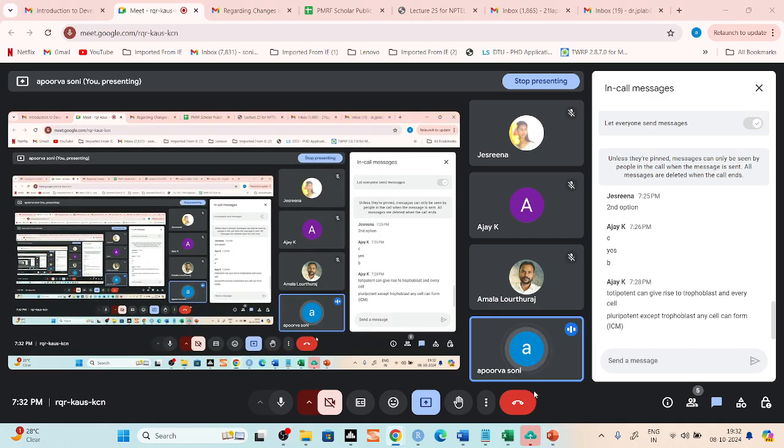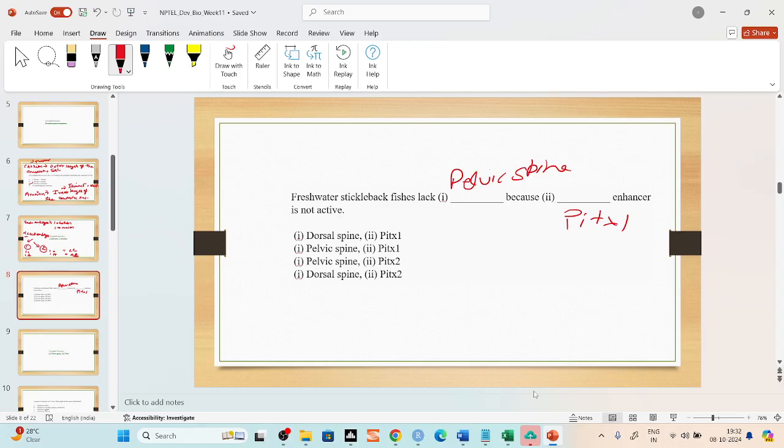I would like to focus on this again. I always try to emphasize this point whenever this kind of topic comes up: all the genes are present in each and every cell of the body. I think I have explained this a number of times, that genes which are responsible for your eye color are also present in your lungs, and genes which are responsible for your lungs are also present in your eyes. But why are the genes not expressing in other places?